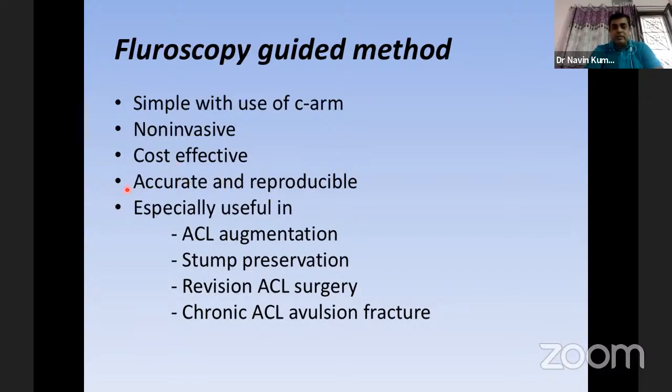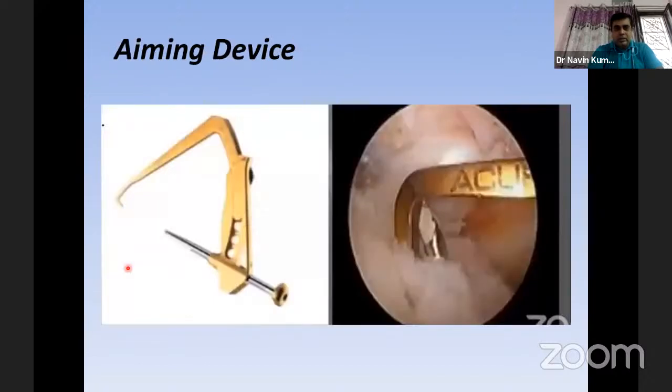In routine cases it might not be applicable for all surgeons, but for certain cases it is of course useful: when you are doing ACL augmentation, when you are preserving the stump, in revision ACL surgery where all your bony anatomy is distorted and there is no remnant available, and in chronic ACL avulsion fractures, old cases where the anatomy is distorted and the size of the fragment has become very large. In those cases I think this method is still useful to find the ACL insertion point.